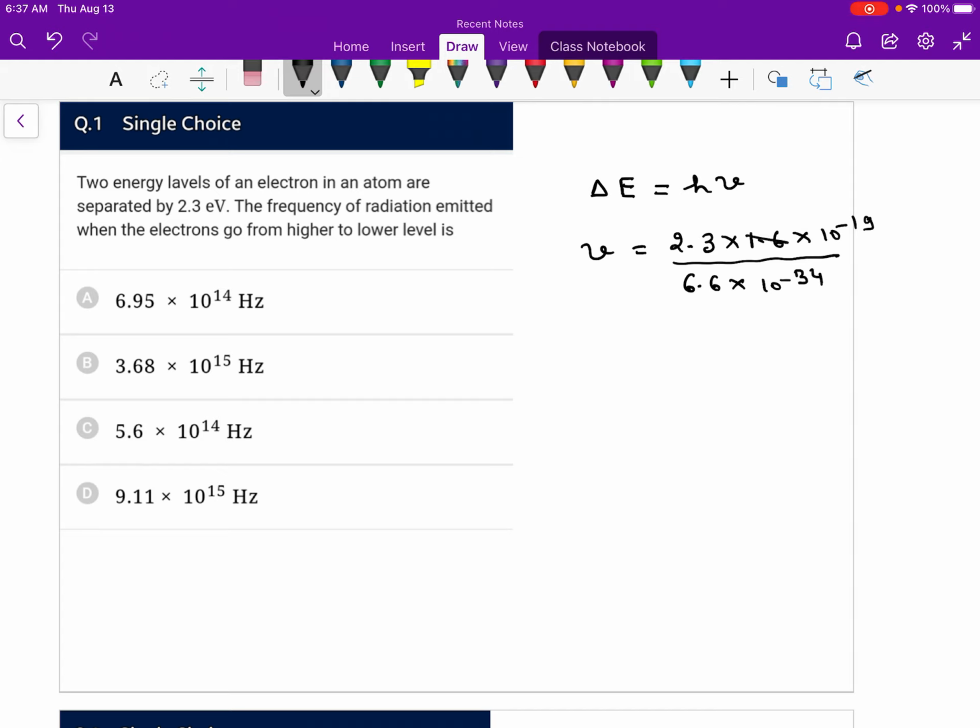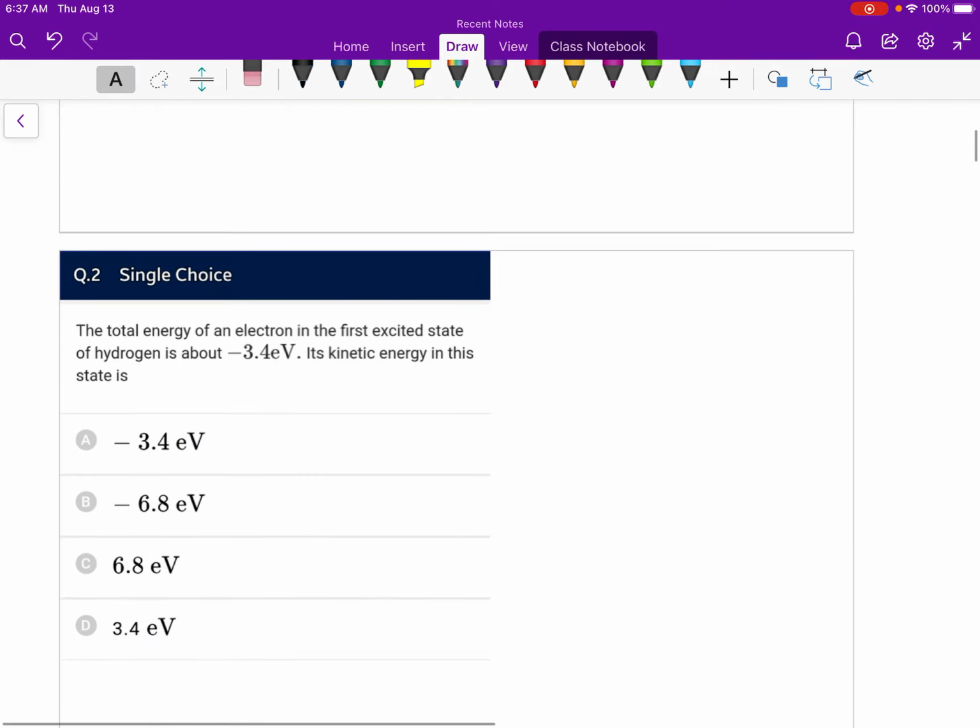So 1.6 by 6.6 is approximately 0.24, and 0.24 into 2.3 is about 0.57 into 10 to the power 15 roughly. So let's choose the closest option. So 5.6 into 10 to the power 14 hertz. So A is the correct option.